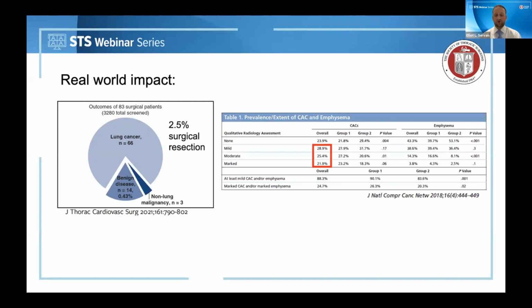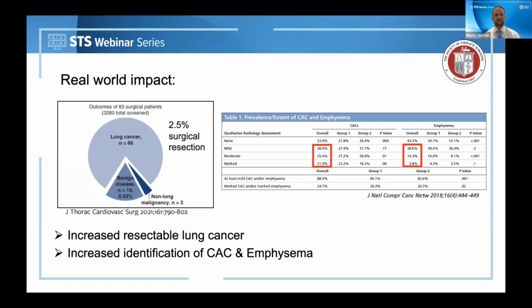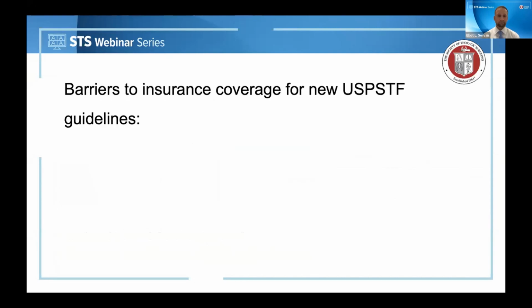Here we see that coronary artery calcification is identified in over 75% of patients undergoing screening, and emphysema is identified in over 50% of patients undergoing screening. So there is opportunity not only to increase our resectable lung cancers, but there's opportunity for patient benefit in identifying significant coronary artery calcifications and emphysema.